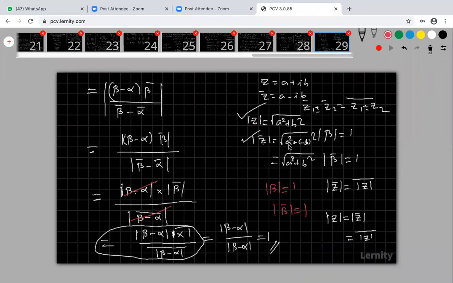See that example I am giving, a plus ib and a minus ib. Your a plus ib is the given complex number, and a minus ib is the conjugate of the given complex number. Take the modulus, the magnitude, for both Z and Z bar. I am getting the same answer. Are you clear? Are you okay? Do you understand?